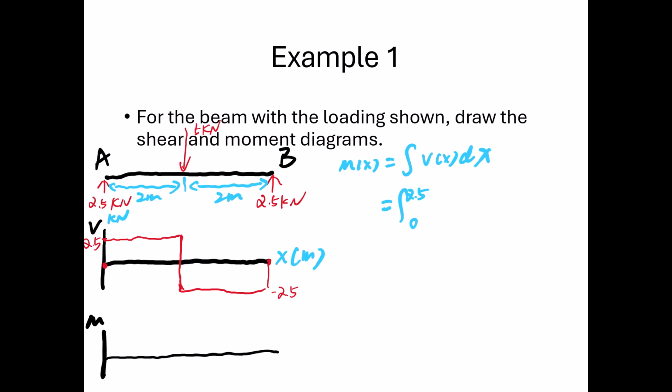And the integral from 2 to 4 of negative 2.5 dx will be negative 2.5 times the interval from 2 to 4, which is negative 5. So the moment diagram starts from 0 and ends with 0.